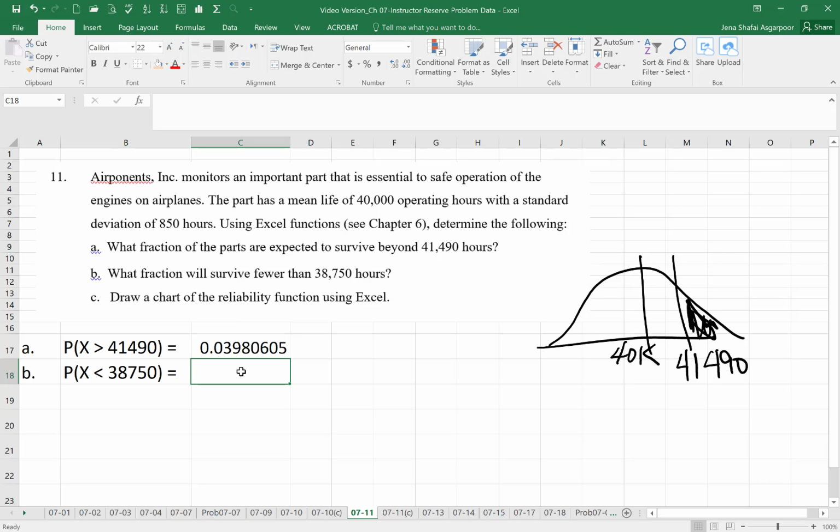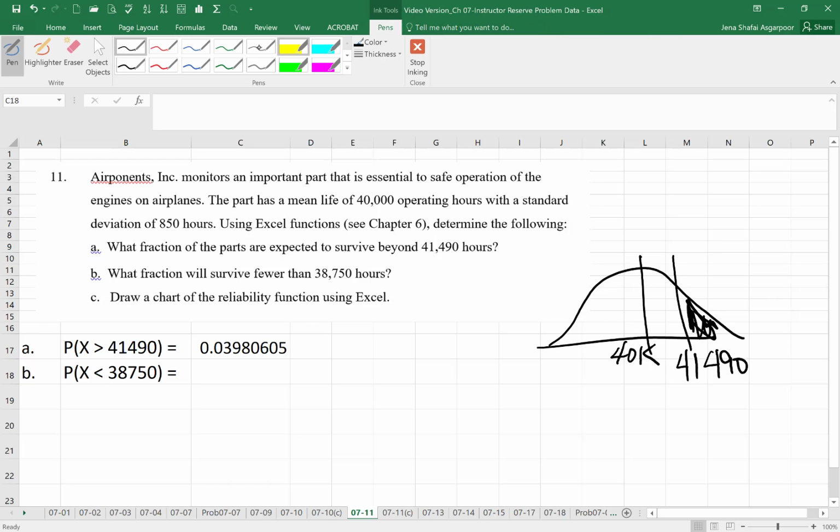Okay, and then part B, what fraction will survive fewer than 38,750? So fewer than means, if this is 40K, fewer than 38,750 would be this area right here.